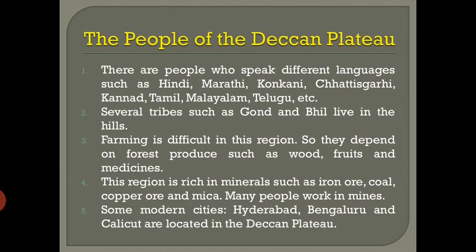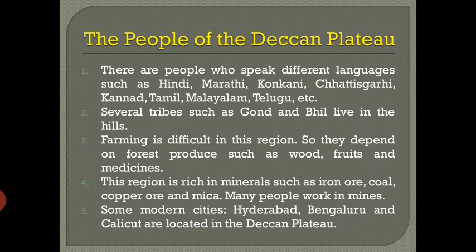Farming is difficult in this region, so they depend on forest products such as wood, fruits, and medicines. This region is rich in minerals such as iron ore, coal, copper ore, and mica. Many people work in mines.